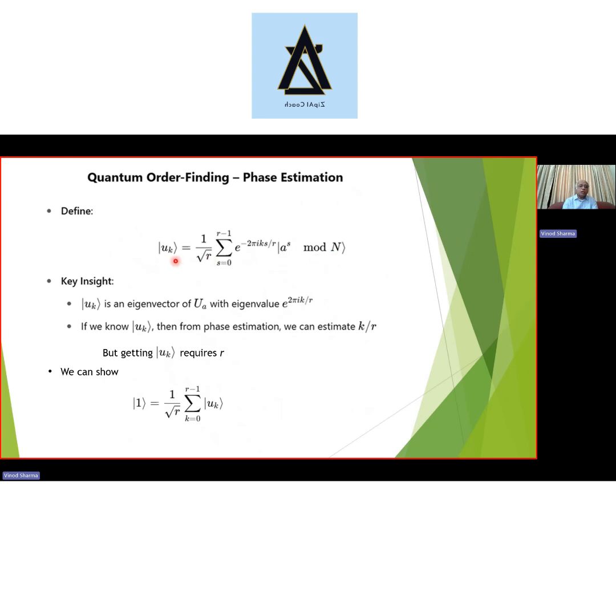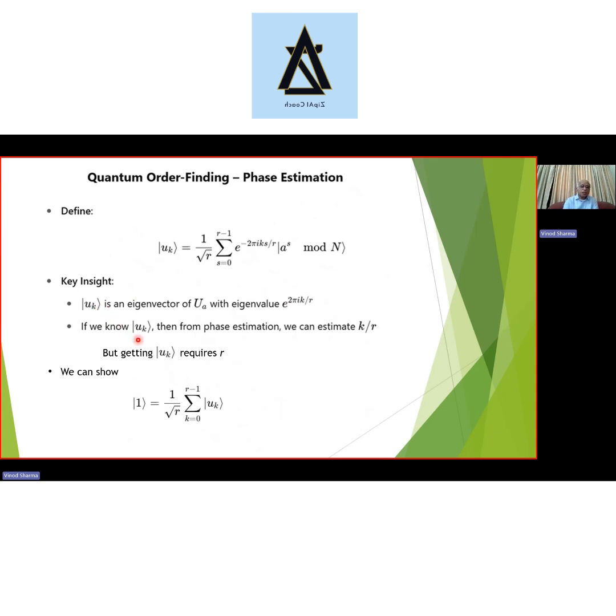We can show that these vectors uk are eigenvectors of the operator UA that we just defined, with eigenvalue equal to e raised to power 2 pi i k by r. k is the same k here, and k could be anything from 0 to r minus 1. So there are r such eigenvectors.